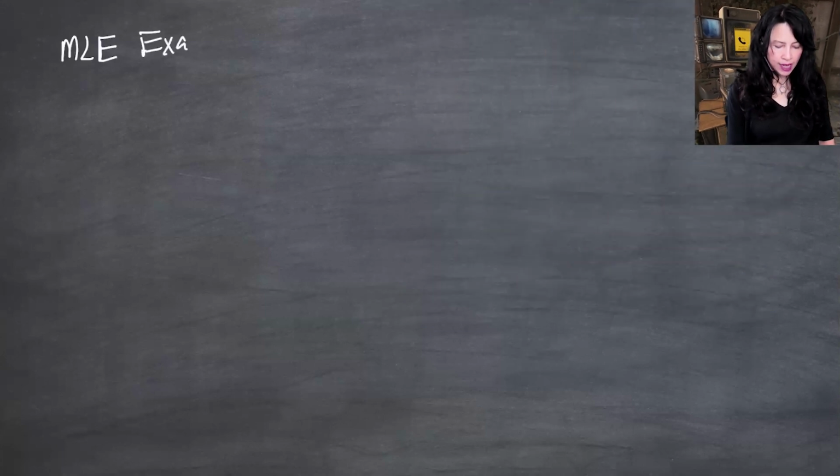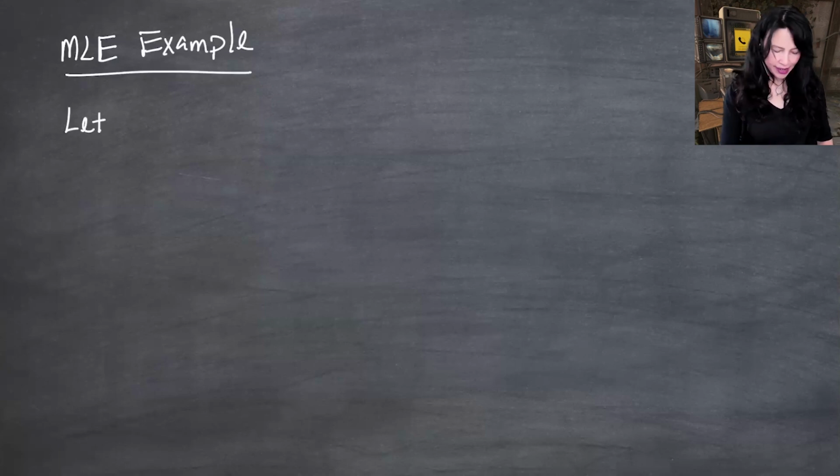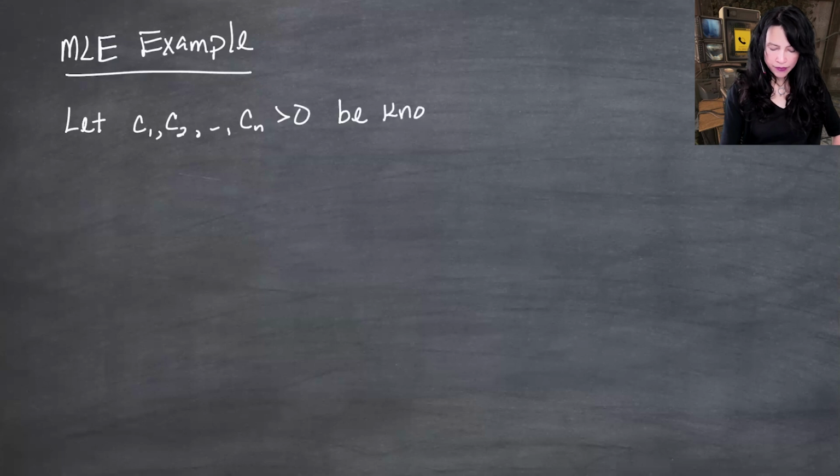It involves a gamma distribution, actually several gamma distributions. So I'm going to suppose that I have not x1 through xn yet, but constants, little c1, little c2 through little cn. They're going to be positive, and I'm going to let these be known constants.